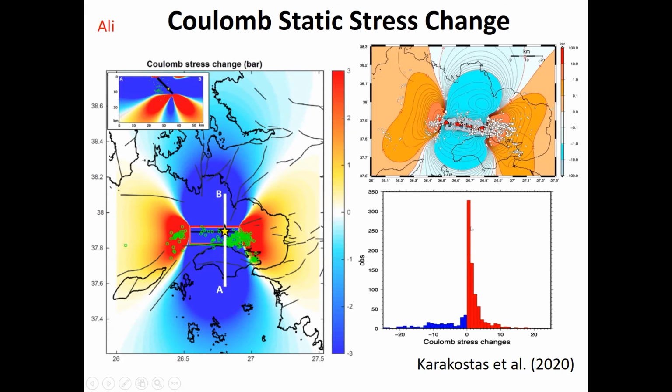In this figure, the red bar indicates the number of aftershocks located in the area of increased stress, and the blue one those in the area of decreased stress. About 75% of the aftershocks are located in the area of increase, and just 25% are located on the ruptured fault plane.